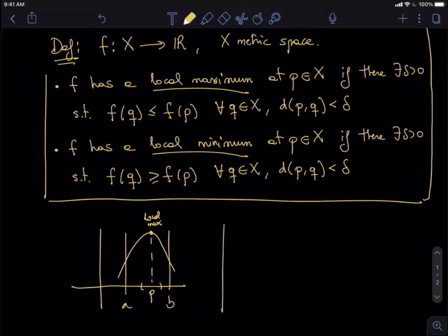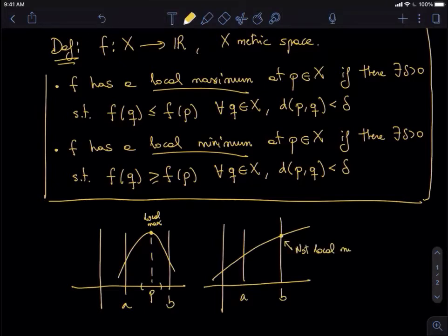But if we have a function like this, this would not be a local maximum according to the definition. Notice that in the definition we are asking for an open neighborhood around the point.